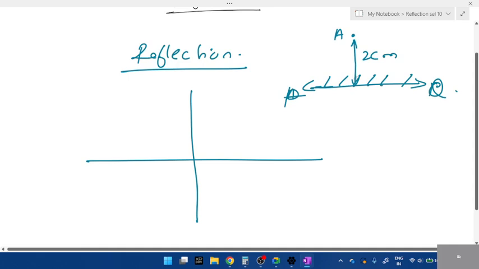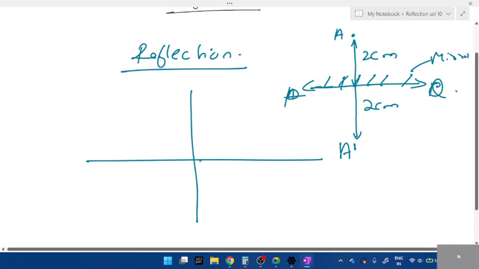This is the same concept. Even in real life, the mirror works on the same principle. If this is 2 centimeters and this is the mirror, this object will get reflected in the opposite direction with the same value, 2 centimeters away. And this you have to name as A dash. Okay, this is the concept of reflection.